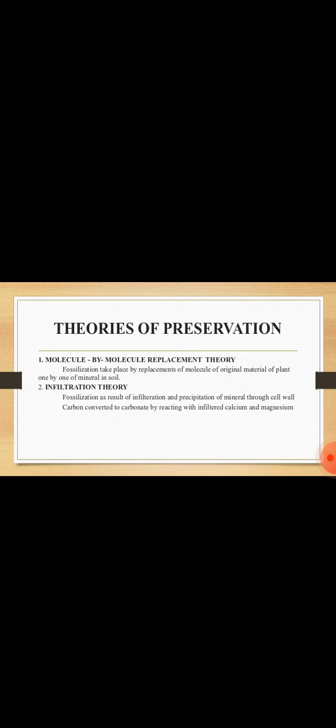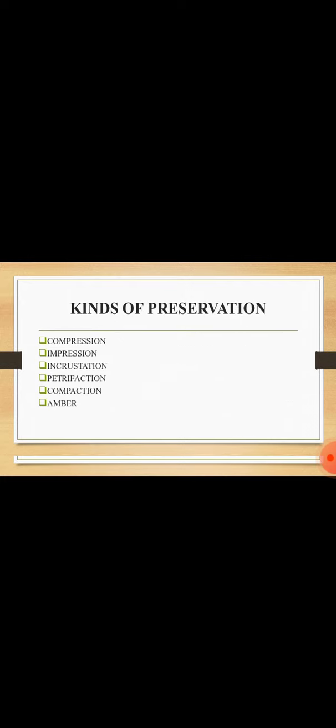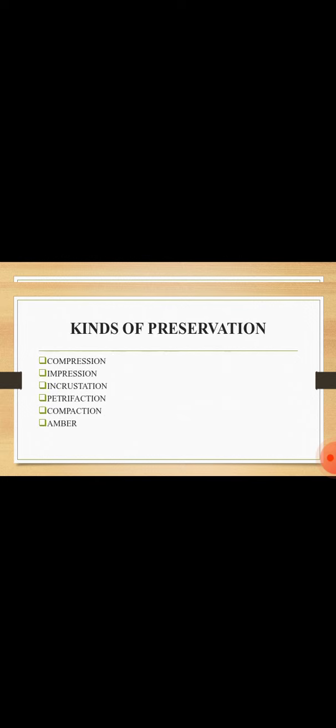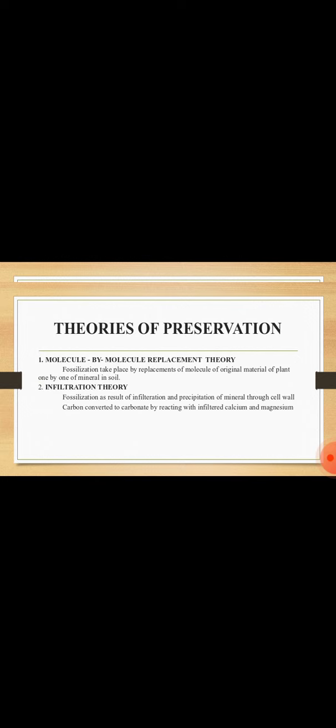Finally, silica and other compounds are deposited within the cell walls through infiltration and precipitation. The theory can be emphasized by the peel method of preparing thin sections. The process is entirely dependent upon the presence of organic material within the cell walls.